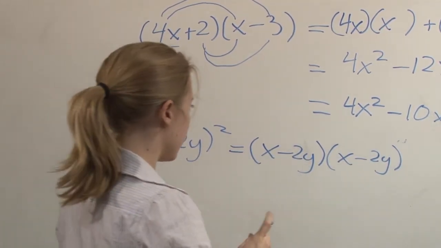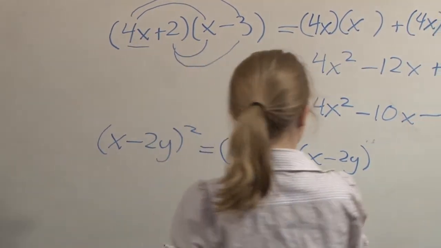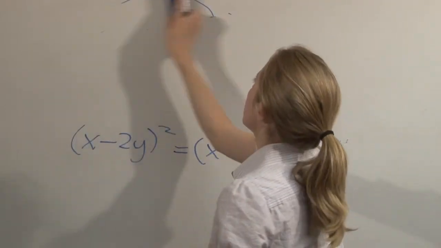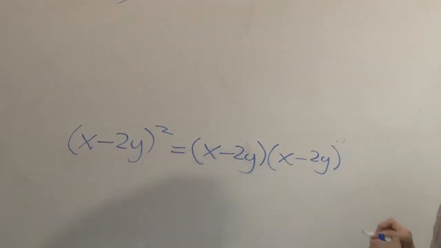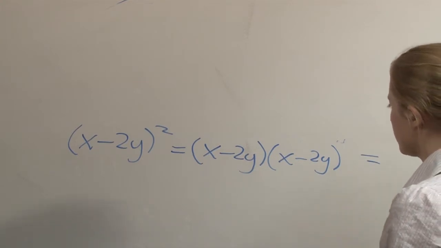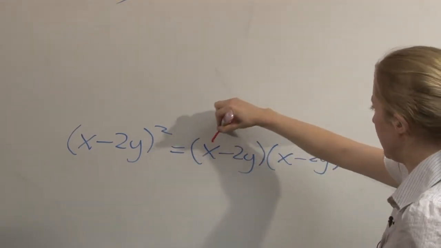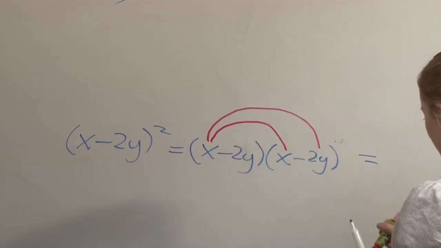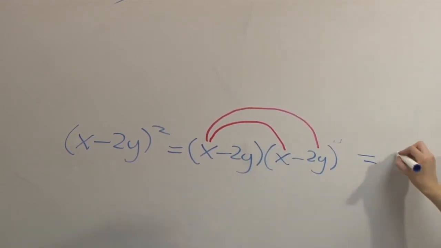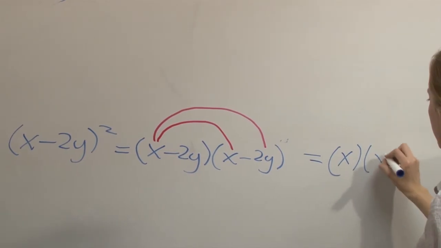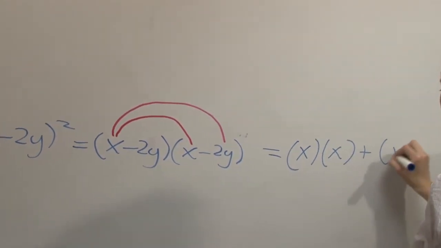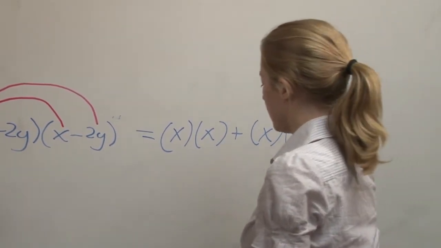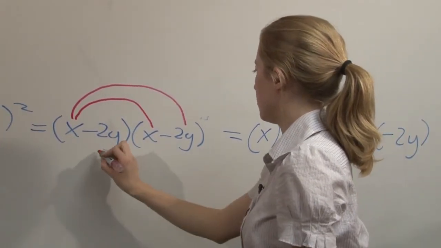So then, I'm going to multiply the x times both of the terms in the second binomial. So that's going to be x times x plus x times negative 2y. Then I'm going to do the same thing with the negative 2y.